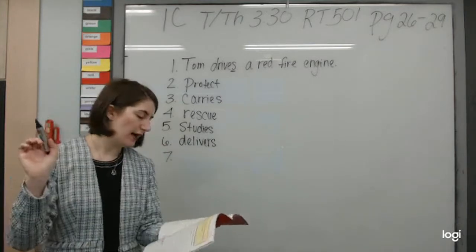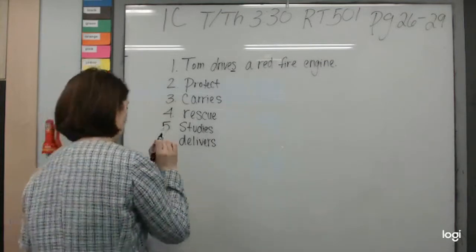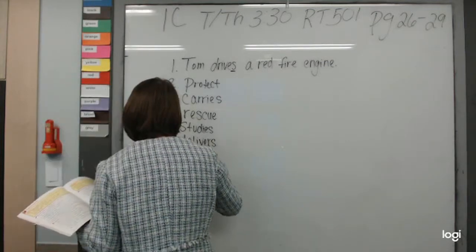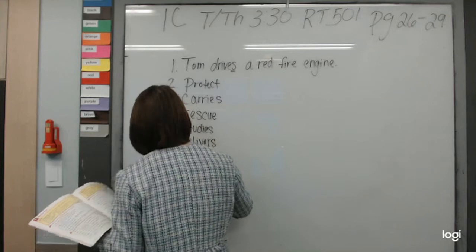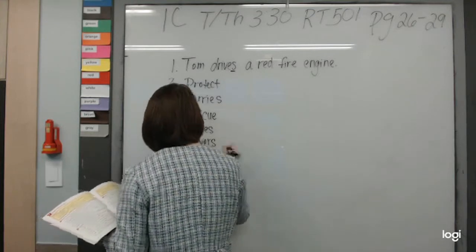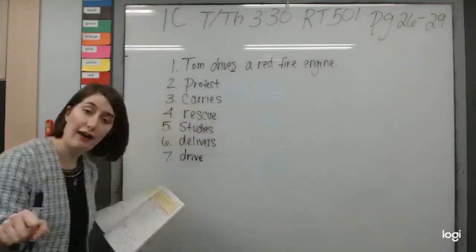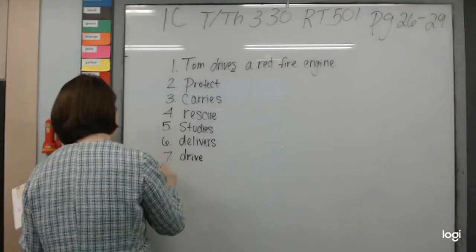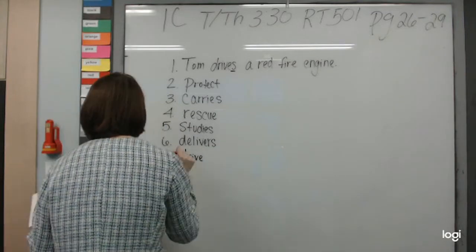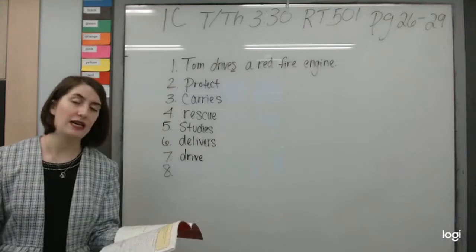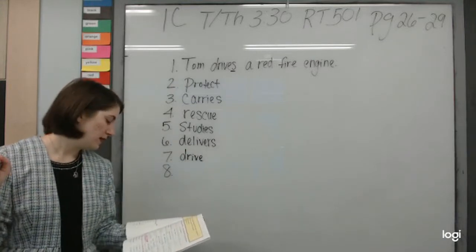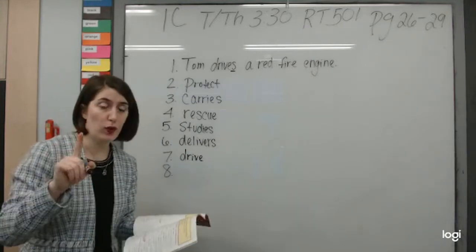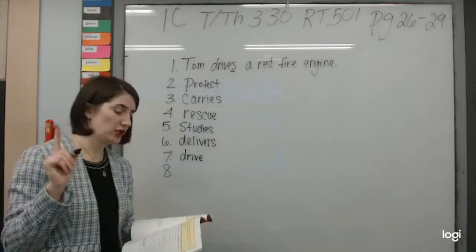You drive a white car. You, many people, or one, but we don't know. The rule of you is consider it plural. Drive. You drive. All right? And number 8, use. So I, even though it's one person, I is special.